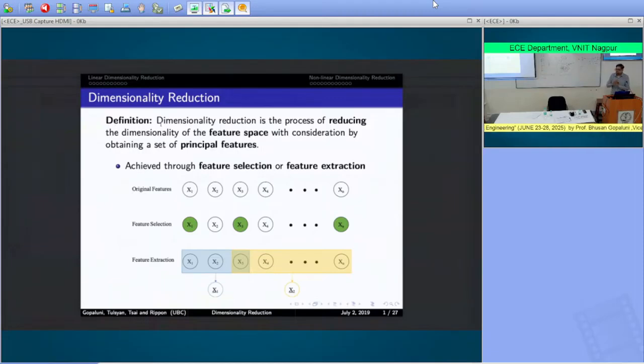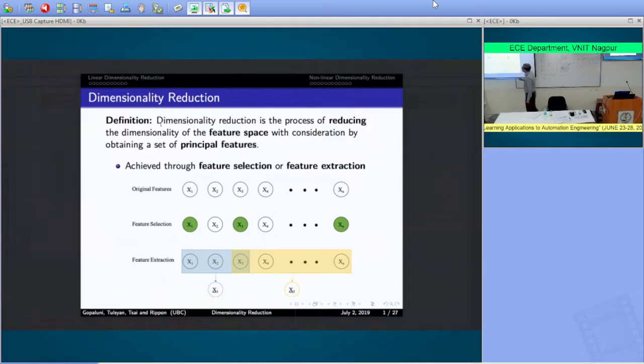You have D features, you reduce the number of features to a set of features that capture the variance of the original set of features, but there are fewer of those. So here's a visual depiction of what happens if you have n different features. Okay, you select just a subset of those features.